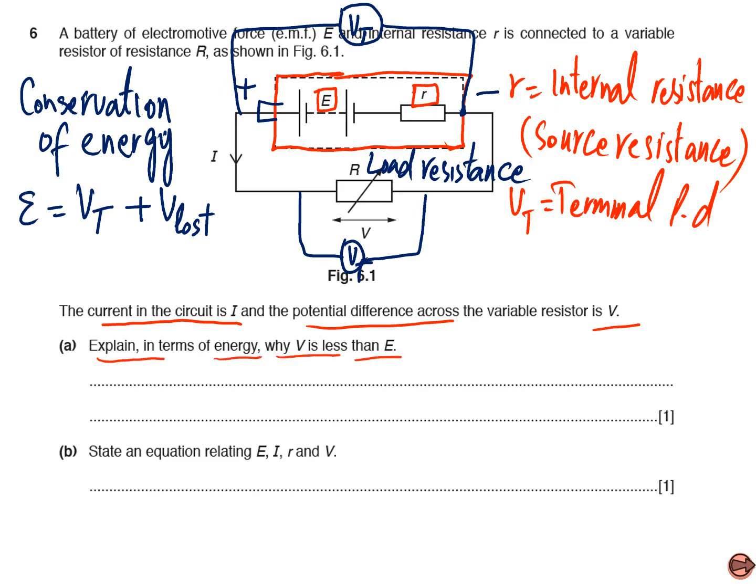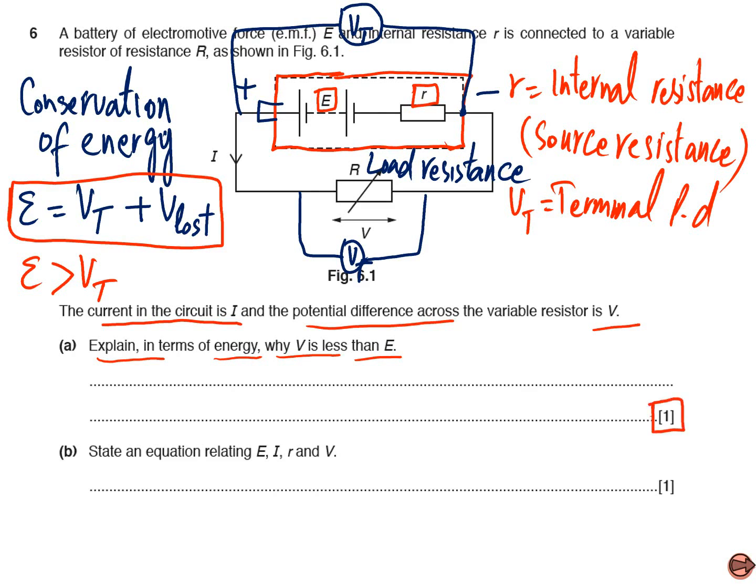From this equation we can simply say that E has to be greater than Vt because some of the energy has been dissipated in the internal resistance. This is only 1 mark, and we can answer with confidence.